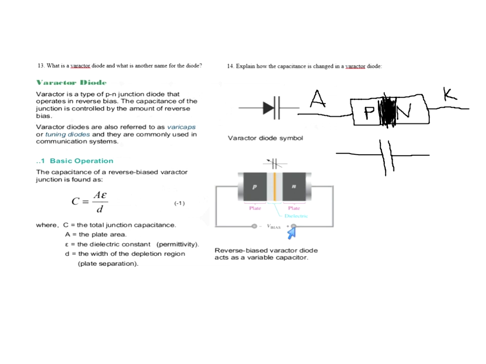A positive voltage on the N material makes this depletion region get bigger. A lower reverse voltage on the N material makes the depletion region get smaller. So I can arbitrarily change the capacitance of the diode by increasing or decreasing the voltage on this cathode. That's how it works.